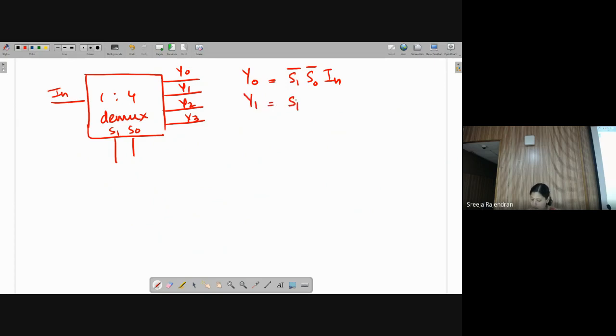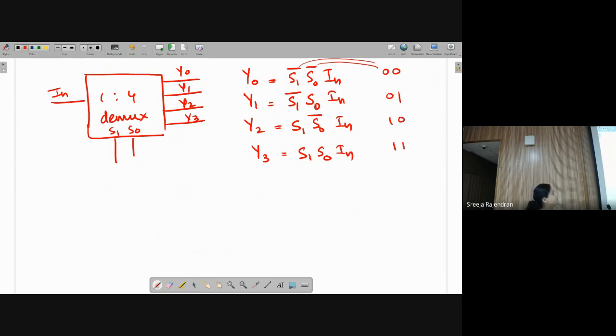Y1 when 0, 1 is the case. So when these two are 0, 0, Y0 is chosen, 0, 1, Y1 is chosen, 1, 0, Y2 is chosen, and 1, 1, Y3 is chosen.